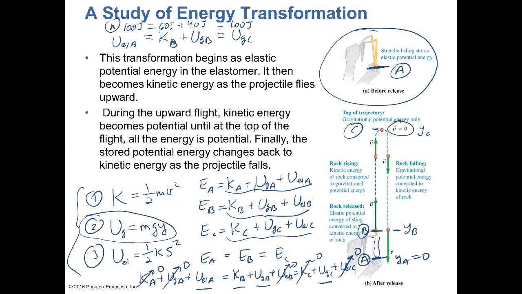And when it's going from C back to B, it converts gravitational back to kinetic and things like that. So you can think, when it goes from C to A, it converts back everything into the kinetic energy and things like that, okay?